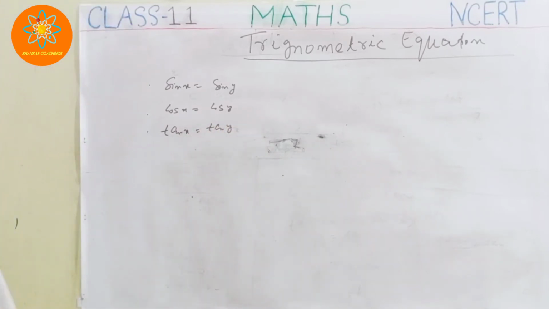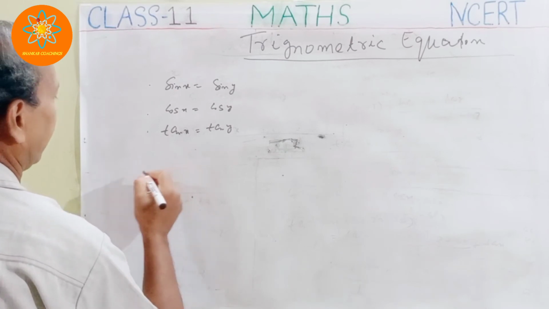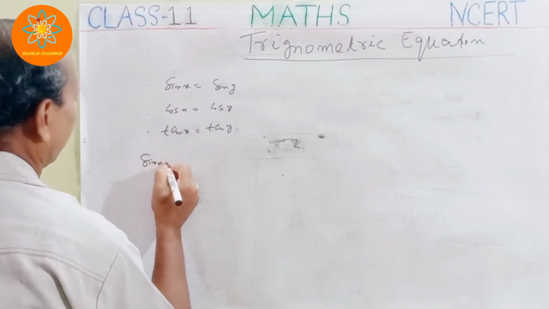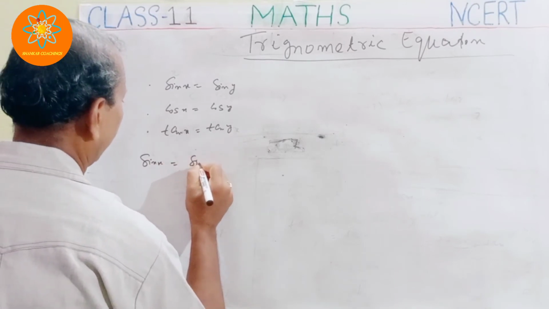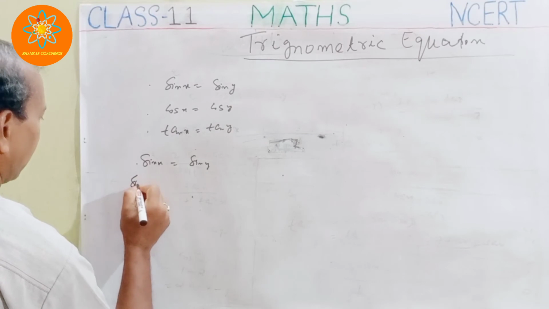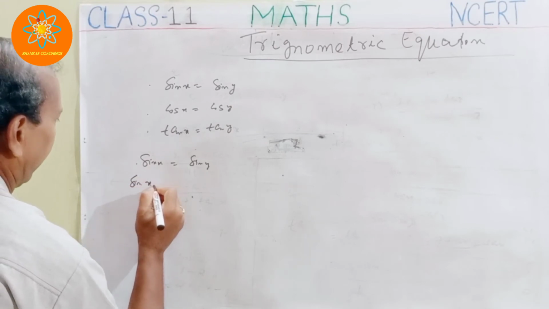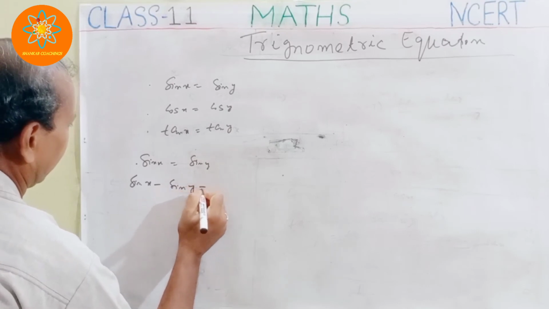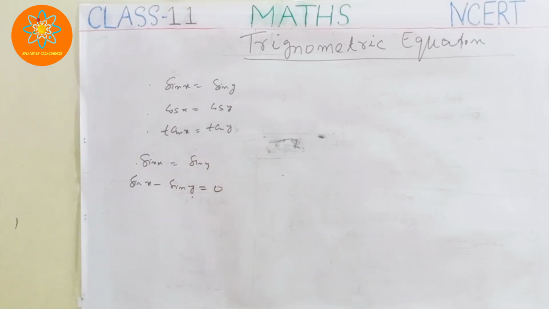So I am taking the first one, that is sine x is equal to sine y. So sine x minus sine y is equal to 0.